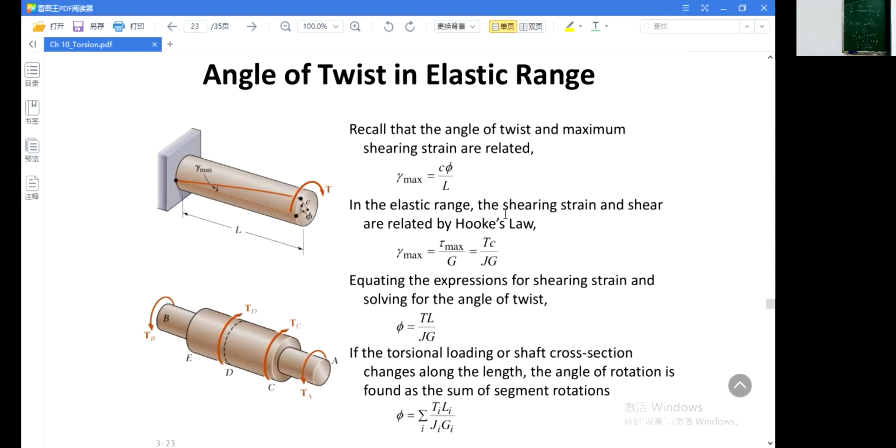Gamma max is a shell deformation. It's C phi over L, introduced last lecture.